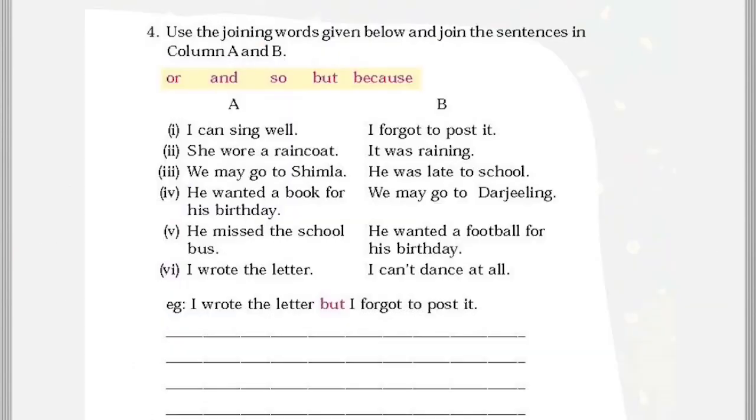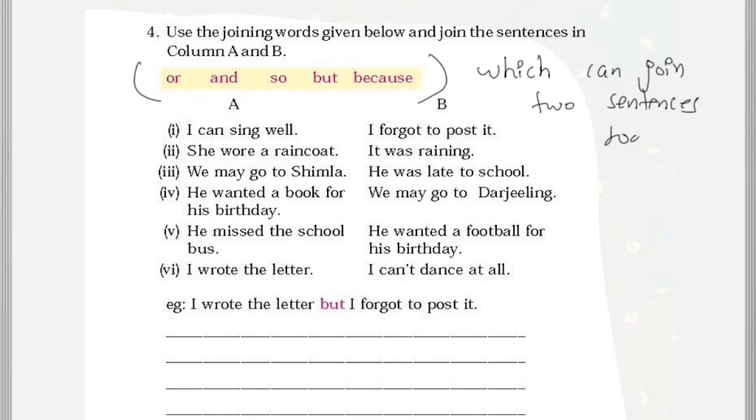So next, it says use the joining words given below and join the sentences in column A and B. So now we need to join these sentences in column A and B using these joining words given here. So basically the joining words are the words which can join two sentences together, and we need to do the same here.